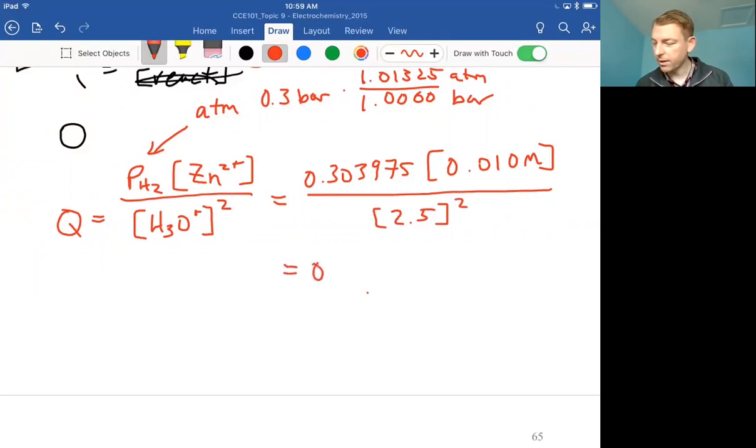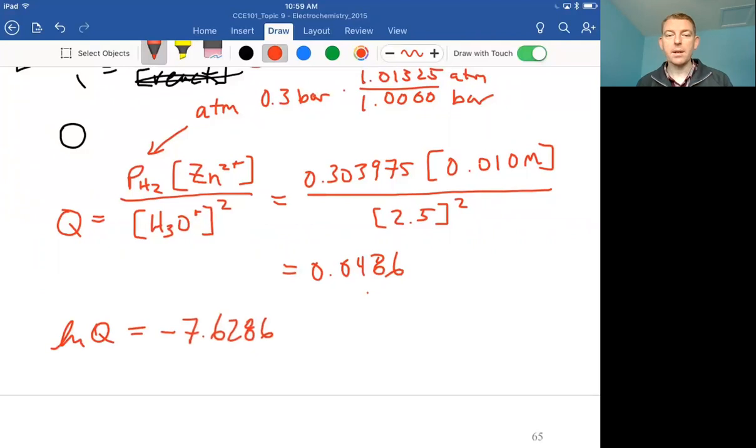And this gives us a value of 0.0486. And so ln Q equals -7.6286.